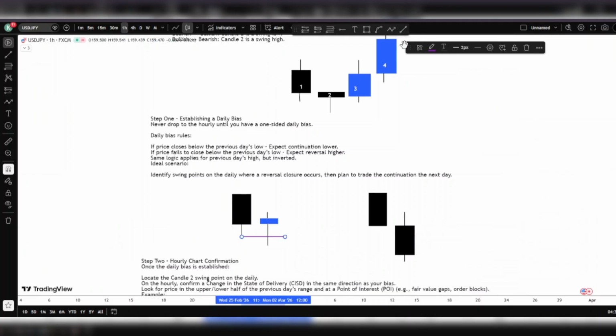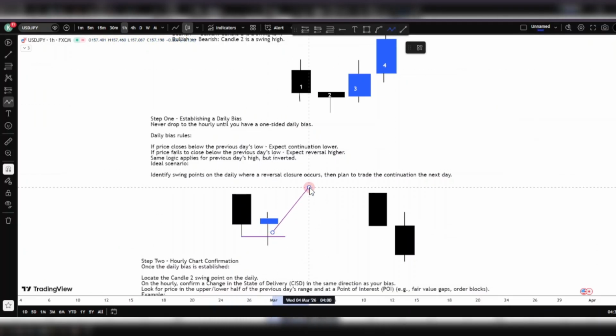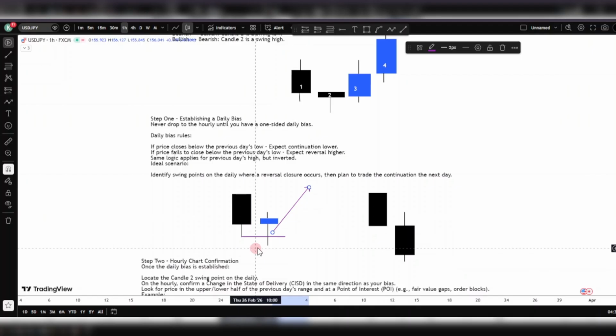So what do we expect now? The next day we expect price to continue higher, because now we have formed our swing low, which is our candle 2. So we look to trade candle 3 and candle 4, and this is a reversal candlestick. So we expect candle 3 and 4 to expand higher.